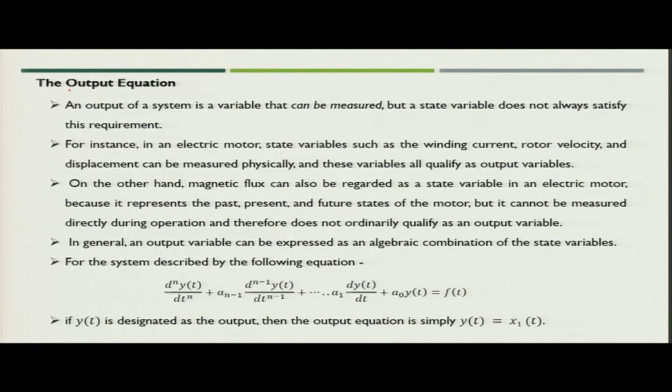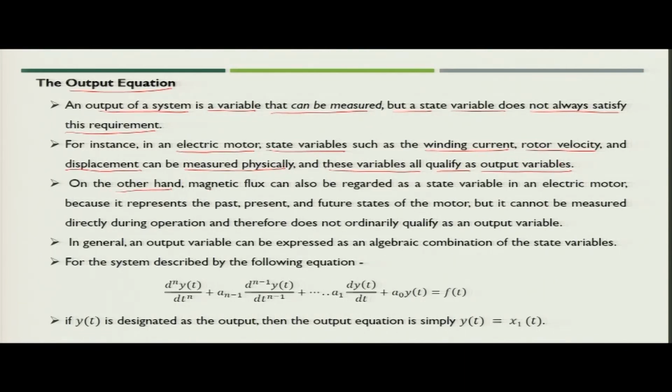Now, let us talk about the output equation. An output of a system is a variable that can be measured, but a state variable does not always satisfy this requirement. Let us understand what it means. For example, in case of an electric motor, state variables can be winding current or rotor velocity and displacement. These are measurable quantities, so these variables can qualify as output variables.